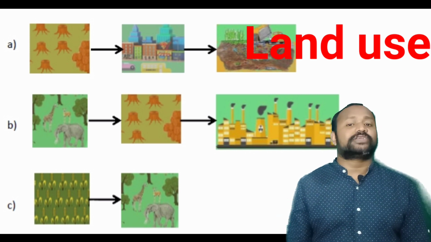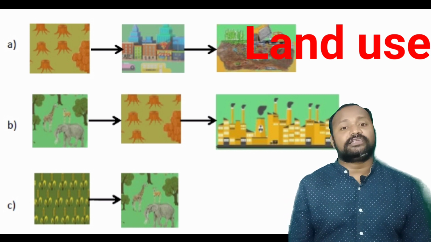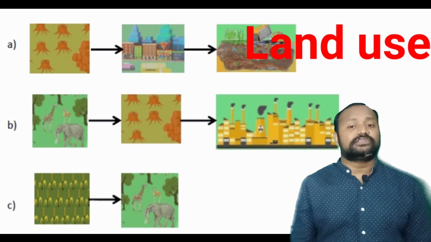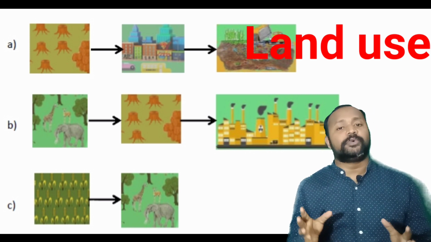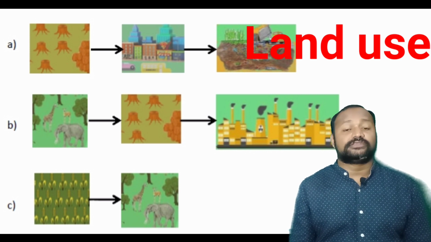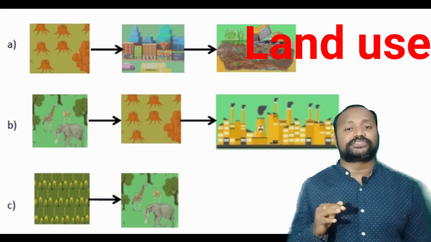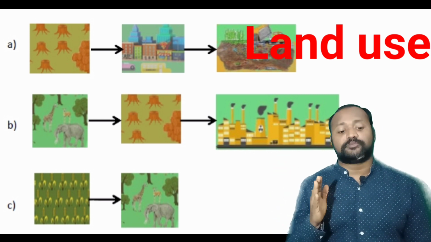But land can also be community land or private land. The land owned by a group of people or by a community is known as community land. The land owned by a private person is known as private land.